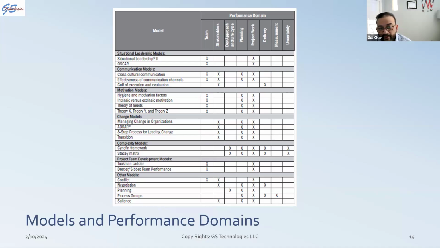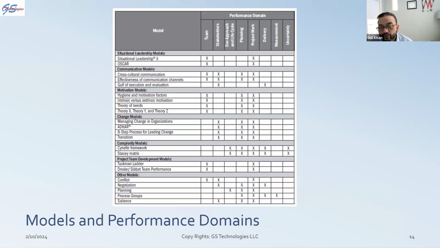Then there's ADKAR as another example. It's stakeholders, planning, and project work, where it is doing. So those are the different performance domains that you have. Going through this chart and understanding it works very well for you.